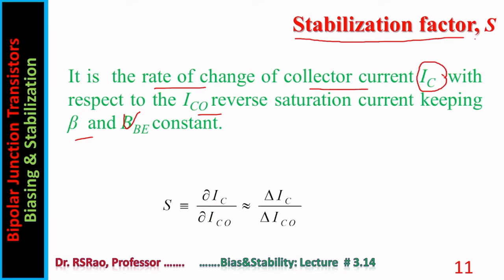Why IC? Why not IE or IB? The reason is operating point means IC and VCE. This combination is the operating point. VCE doesn't change much, but IC varies. So it is the IC which causes drift in the operating point, which is the main culprit in spoiling the stability of the circuit.